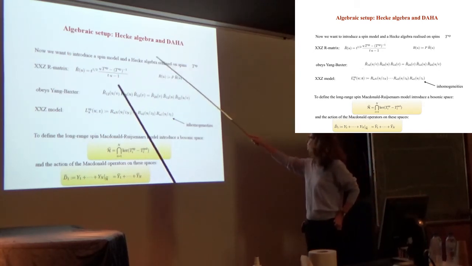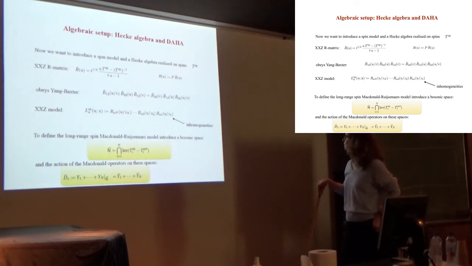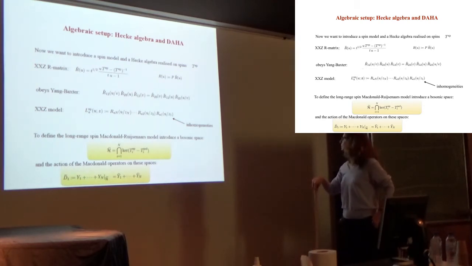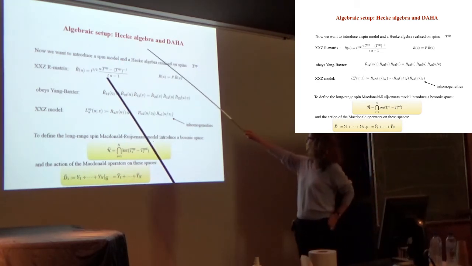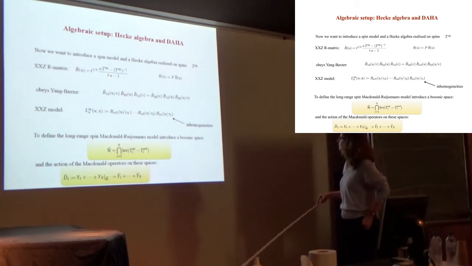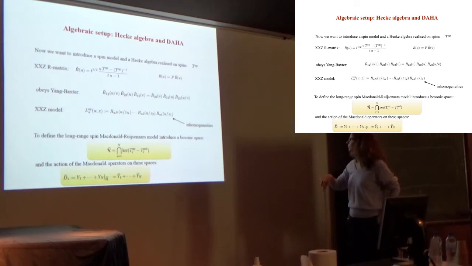So you can see it from the Q antisymmetrizer: T spin minus T to the 1/2 is the Q antisymmetrizer that I have shown in the beginning.